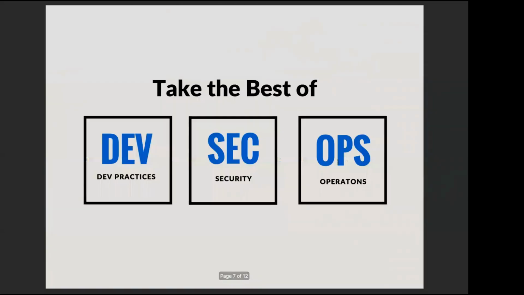So in short, DevSecOps takes the best practices of development, security, and operations and puts them together in a homogeneous, uniform process, so that everyone knows what's going on and everyone has visibility.